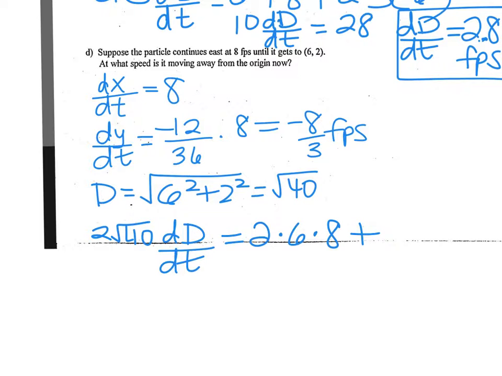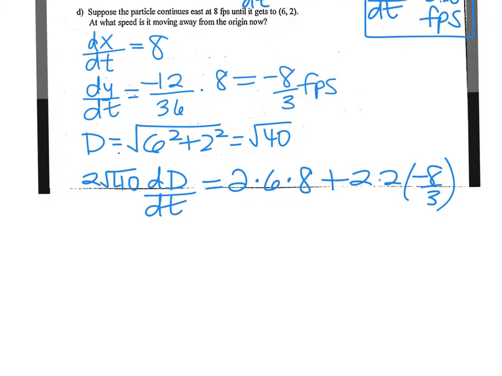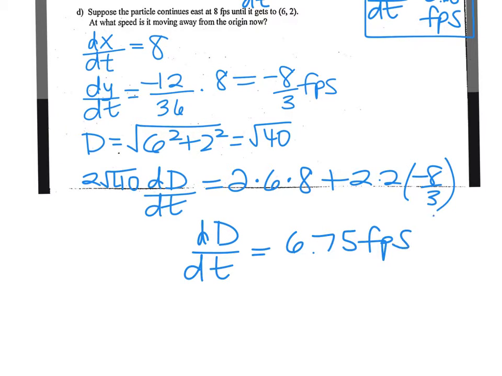Plus 2y dy dt. 2 times negative 8/3, good. Okay, so then once you do that in your calculator, you end up getting about 6.75 feet per second. So it's increasing. It's going faster away from the origin than it was at the point 4, 3.